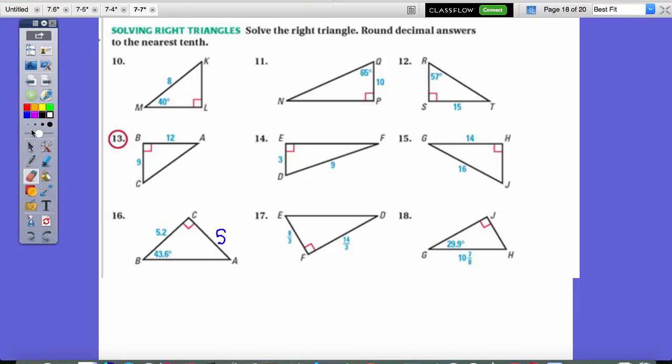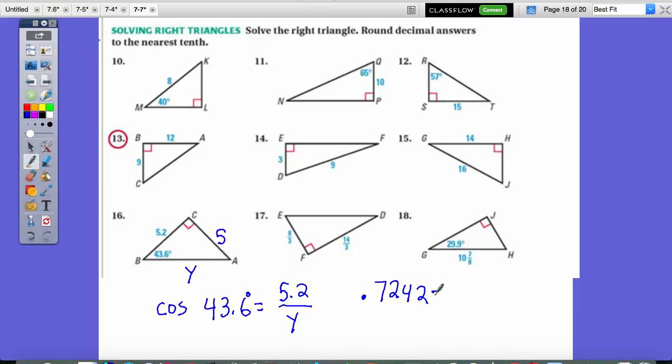And then to find the hypotenuse, which I'm going to call y, with the 43.6 degrees, I'm given the adjacent originally. I want to find the hypotenuse. Adjacent over hypotenuse is cosine. So cosine of 43.6 is 0.7242.